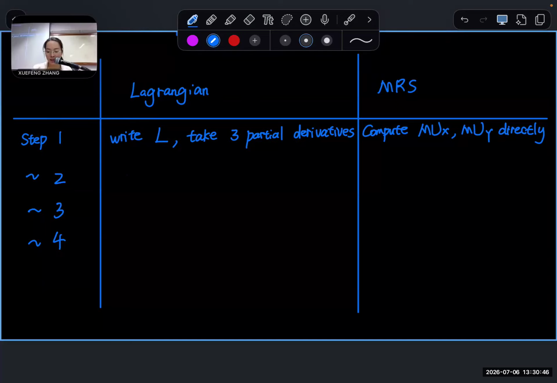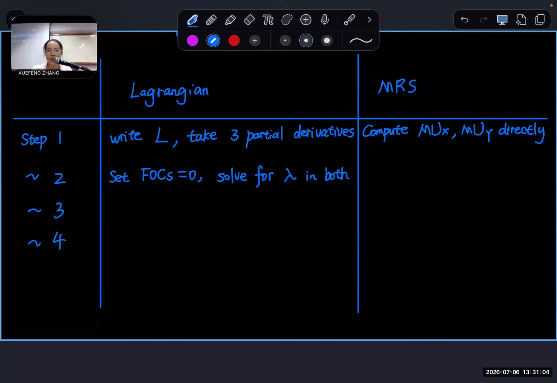Okay, next step, we set the first order conditions equal to 0, and then we solve for lambda in both.